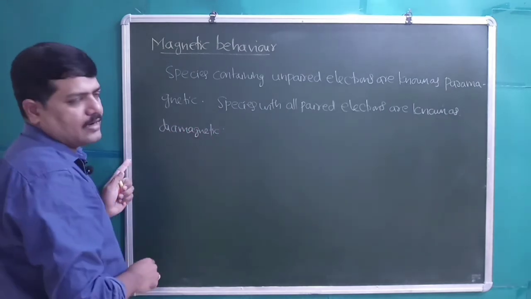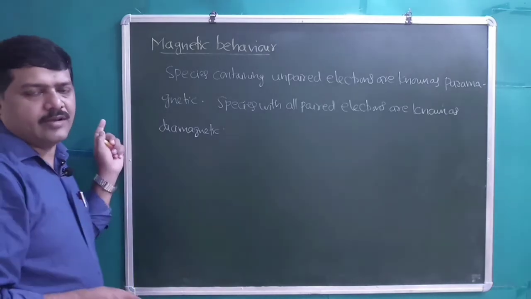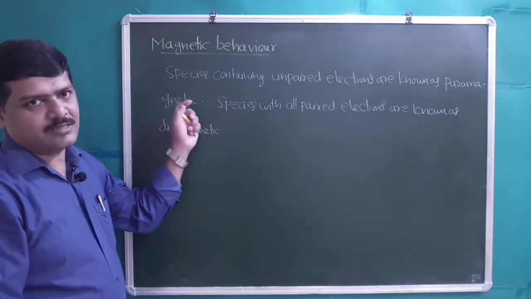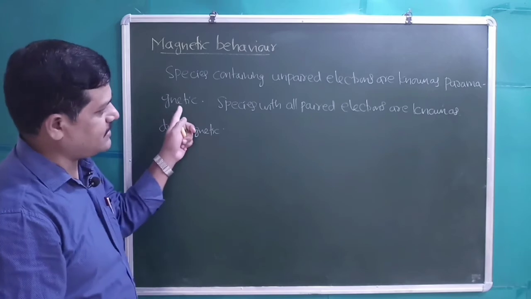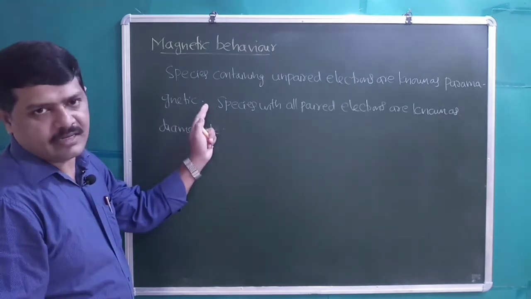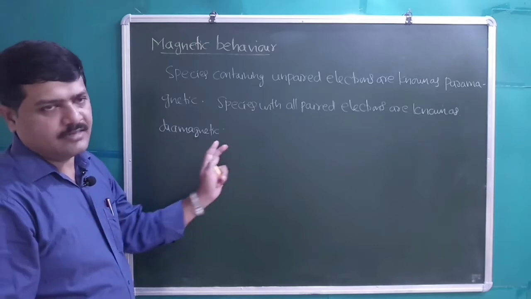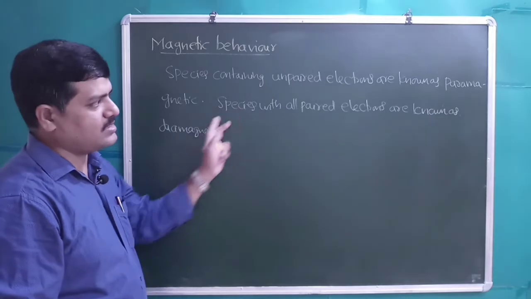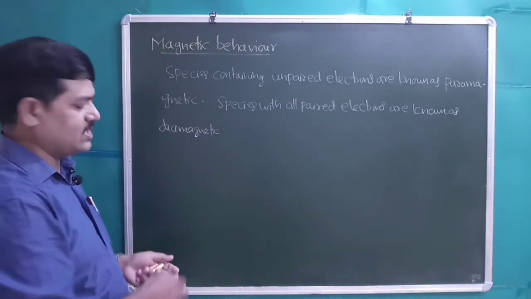Students, if a particular species, according to MOD, if you write the electronic configuration, contains an unpaired electron, at least one unpaired electron, then that is considered paramagnetic. If a species contains all paired electrons, then it is known as diamagnetic in nature, right?